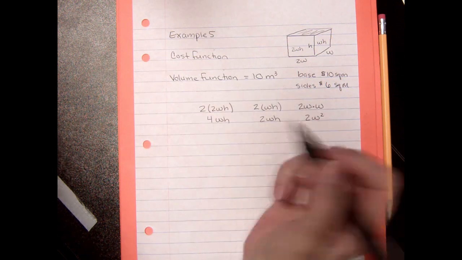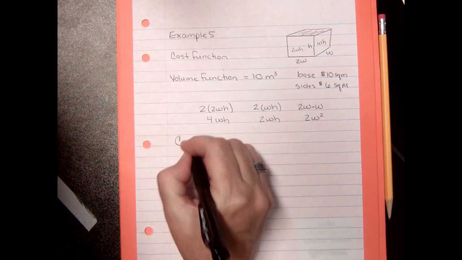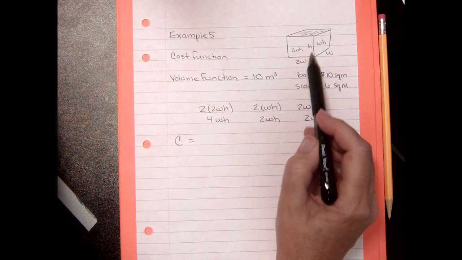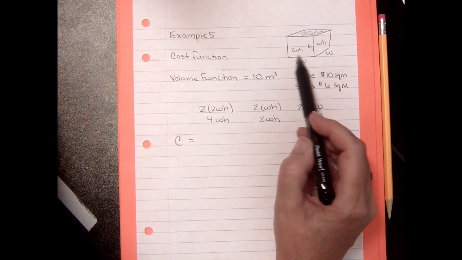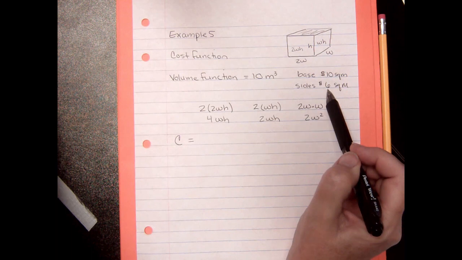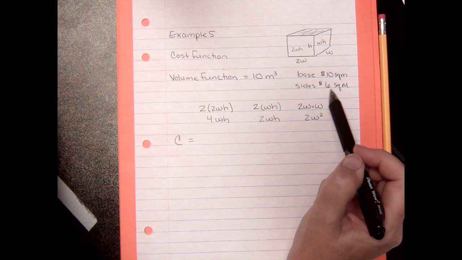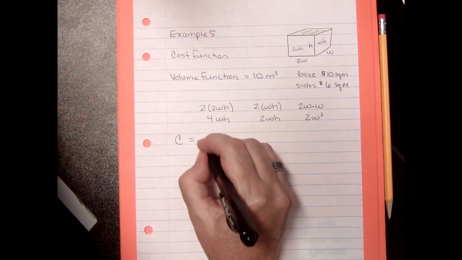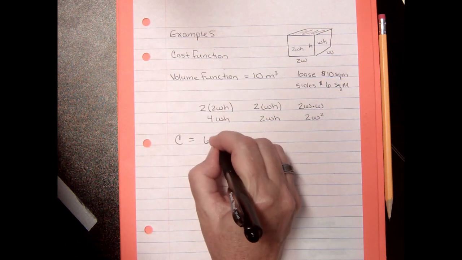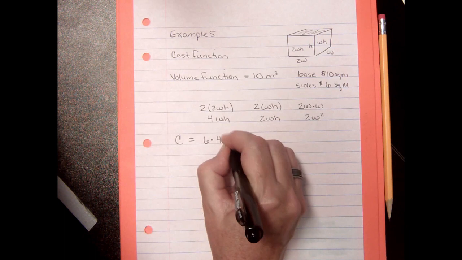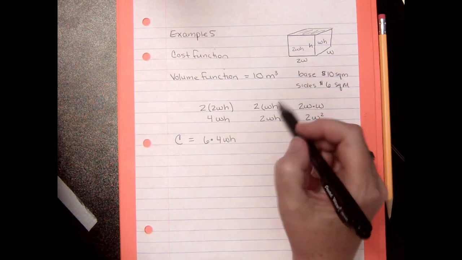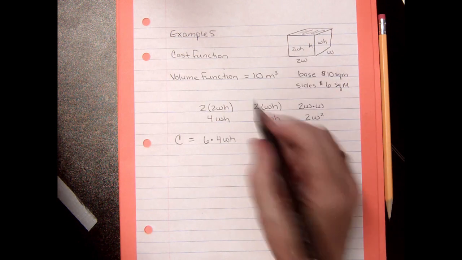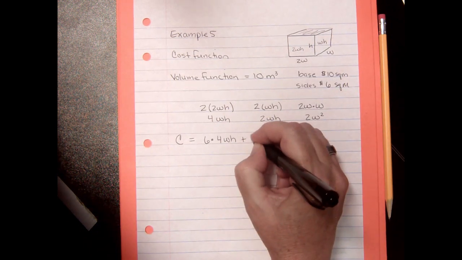And my cost values for the sides, the material is going to be $6 a square meter. So I'm going to multiply this one by $6 a square meter. This is also a side, and there are 2 of them, so I'm also going to multiply it by 6.